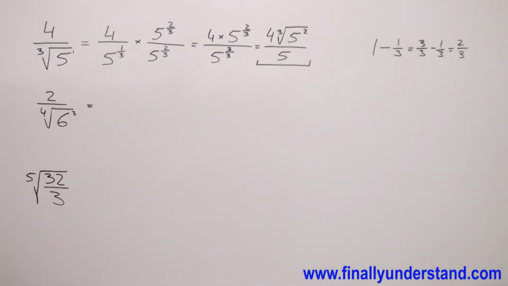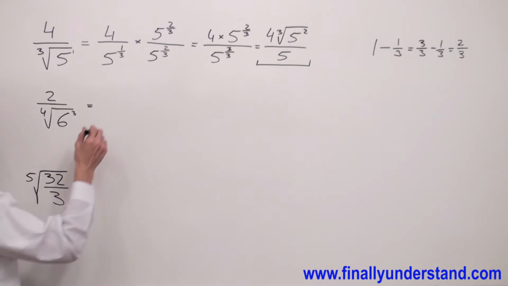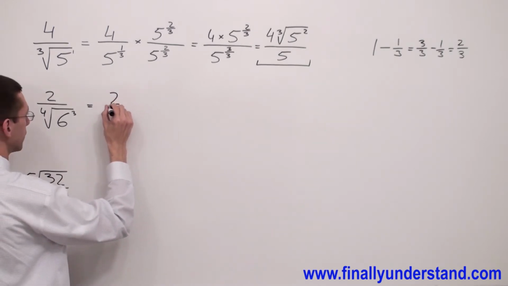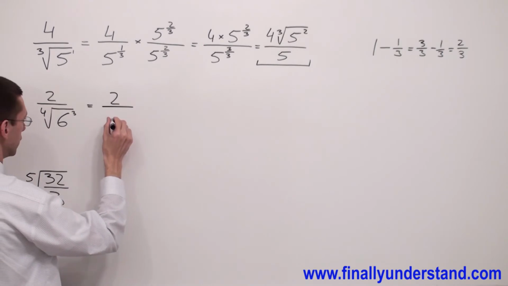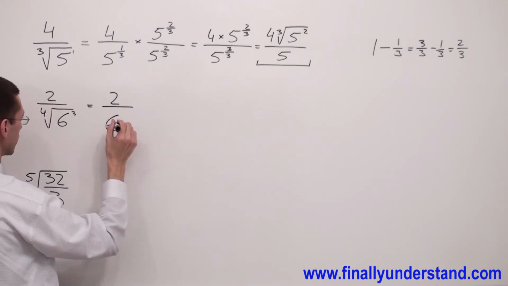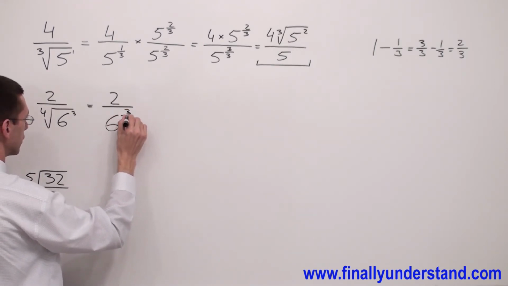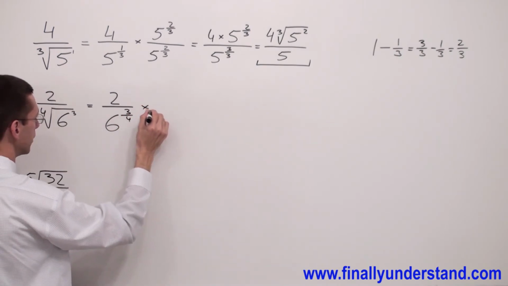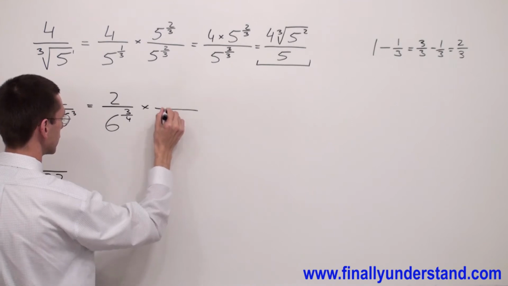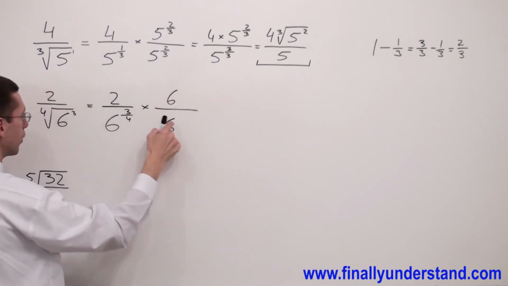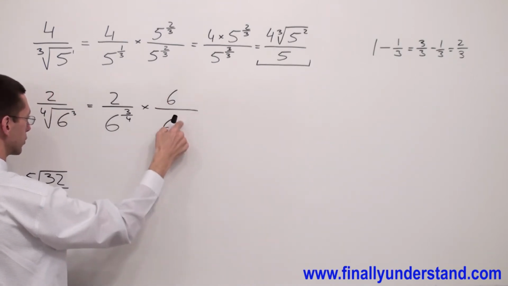Let's take a look at the second example. I'm going to copy down the numerator, and the denominator I have to convert to the exponential form, which is going to be 6 to the 3 over 4 times, okay, and again I'm going to have 6 and 6. Next I have to find what exponent I'm going to write next to 6.